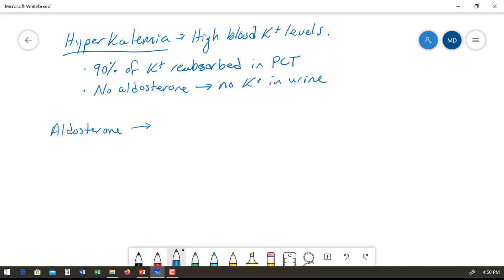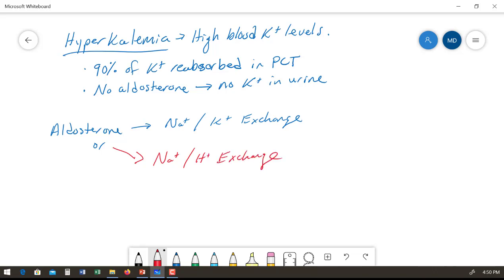It can either do this, a sodium potassium exchange, or it can do this: a sodium for hydrogen exchange. Now, if it does a sodium for hydrogen exchange, it typically will only do this when someone is in acidosis.